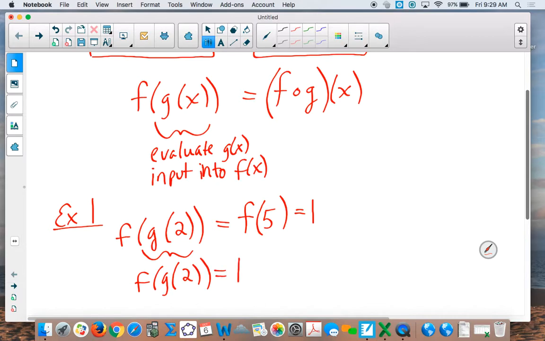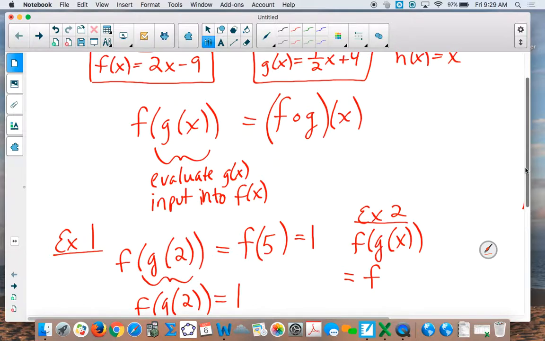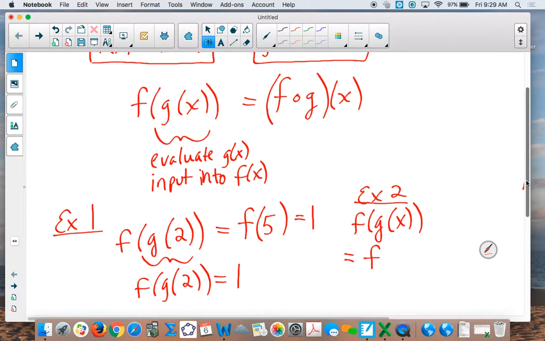Okay. Let's say, instead of using numbers, that we actually just use our functions, and we can do f of g of x again. So again, what this means is you're going to take the g function and use its output as the input for f. So now we're going to evaluate f at our g function, which is 1/2 x plus 4.